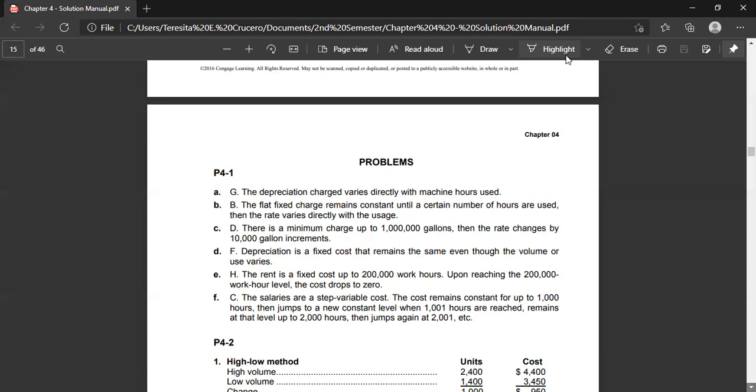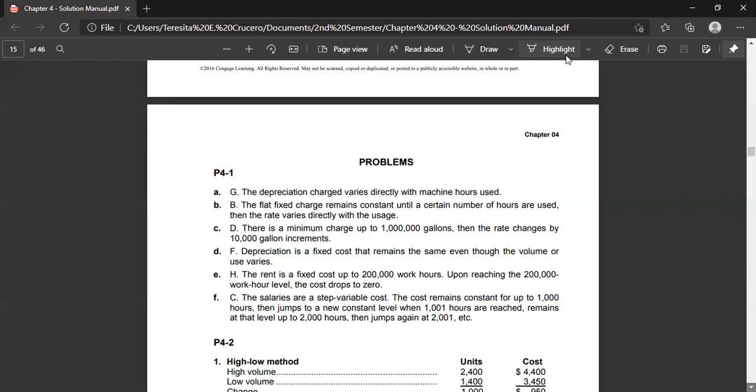Then we go to letter F. Salaries of repair workers. One repair worker is needed for every 1,000 machine hours or less. So 0 to 1,000 requires one repair worker. 1,001 to 2,000 requires two repair workers. So we now have letter C. This is more of a semi-variable.